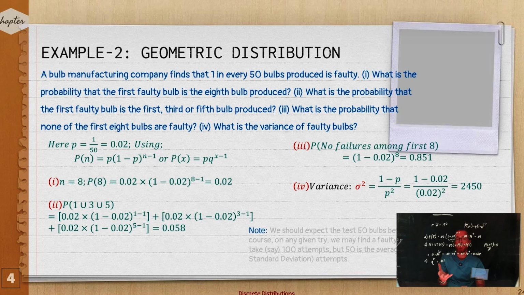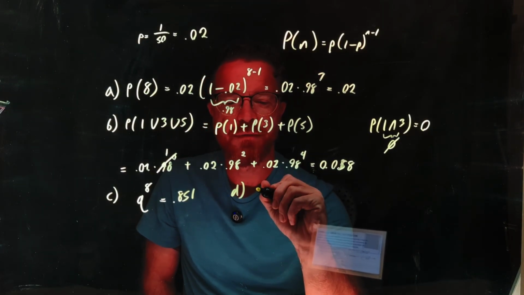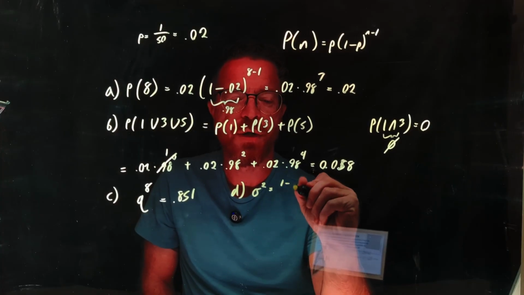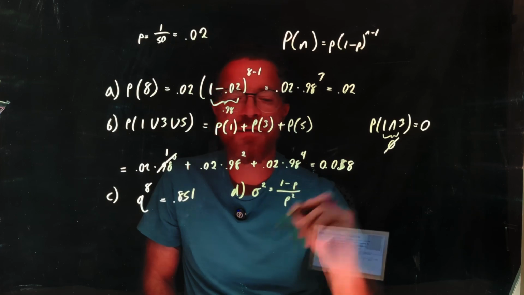Okay, the last problem asks, what is the variance of the faulty bulbs? So if we wanted to find the variance for these faulty bulbs, variance is sigma squared. This is going to be equal to 1 minus p over p squared. And then again, we just plug in our values.